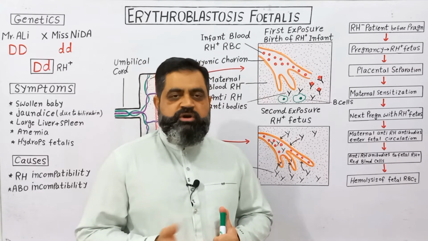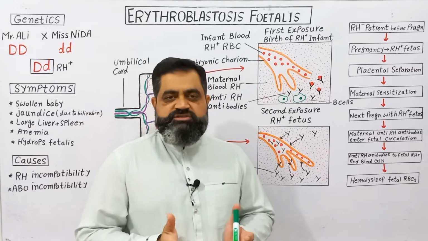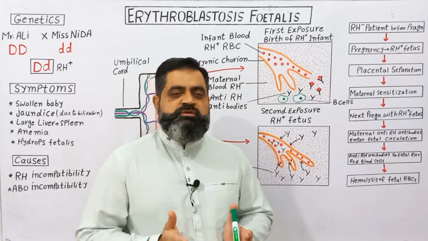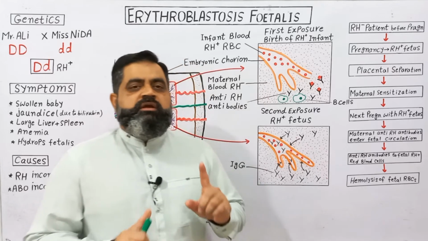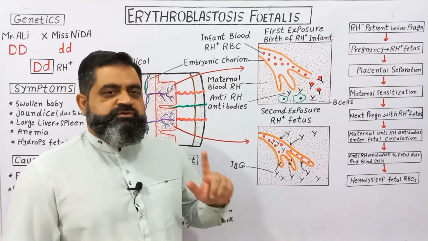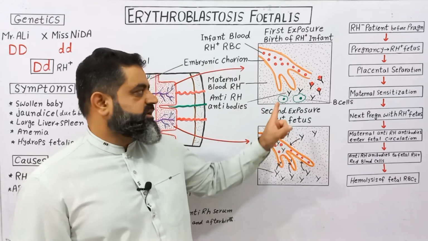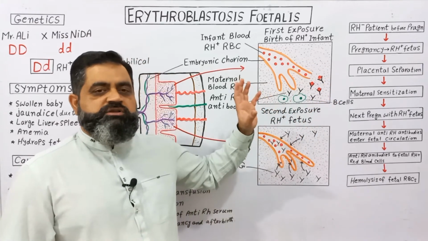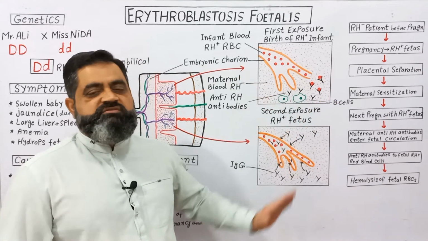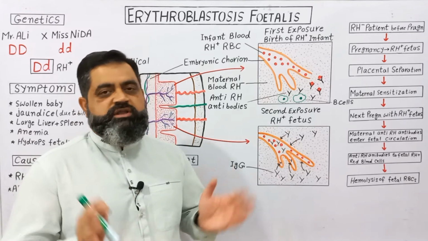The baby has been born with no complication, and most of the time both fetus and mother are okay. But during birth in the first pregnancy, many antibodies are generated inside the maternal blood, which can last a long time in the mother's blood.